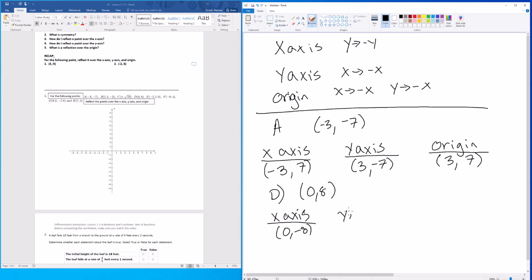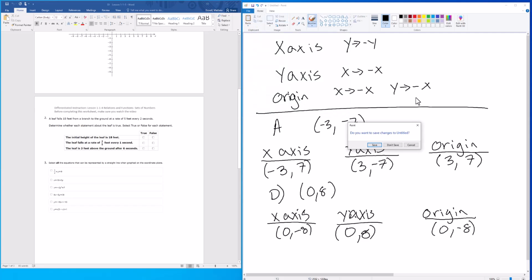If I wanted to reflect it over the y-axis, I'm going to add a negative to the x. Well, negative times 0 is still 0. And then the origin, you add a negative to the x, and you add a negative to the y.